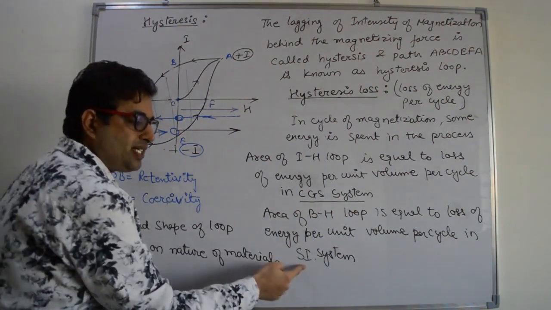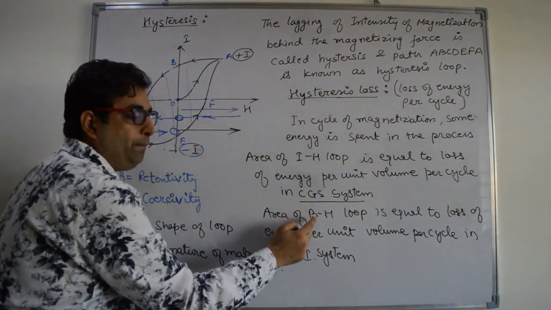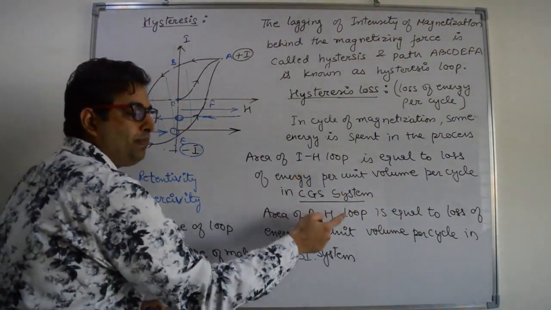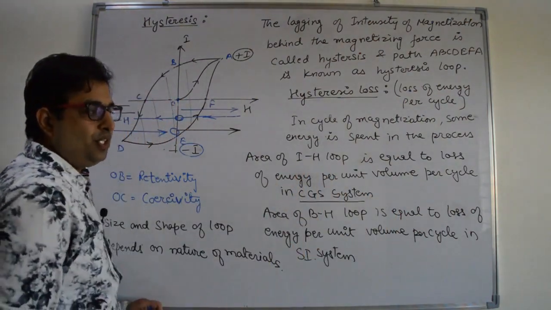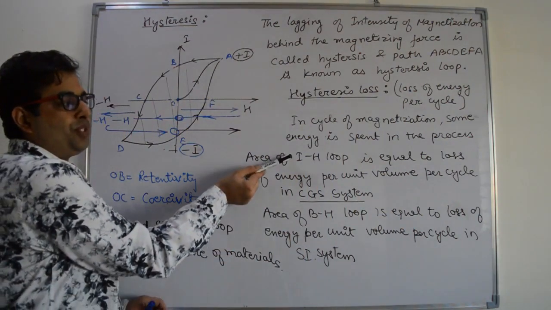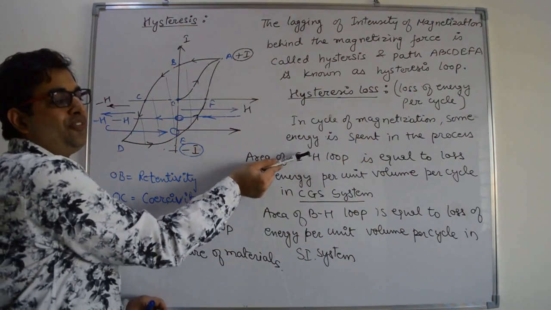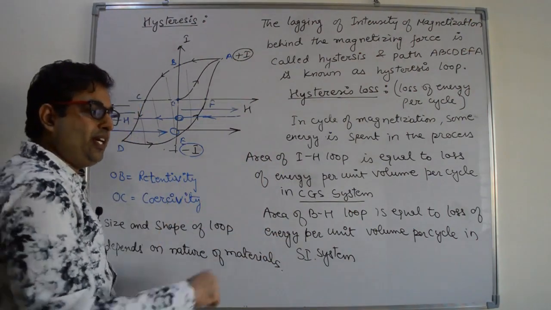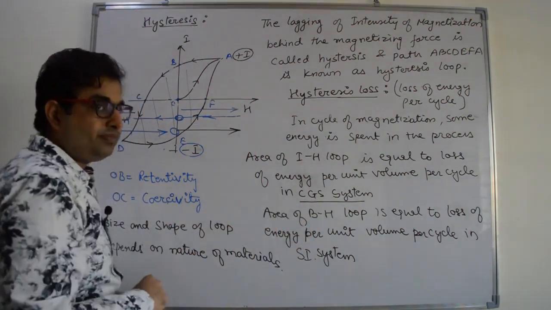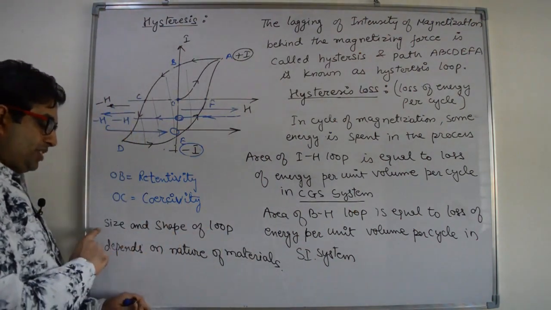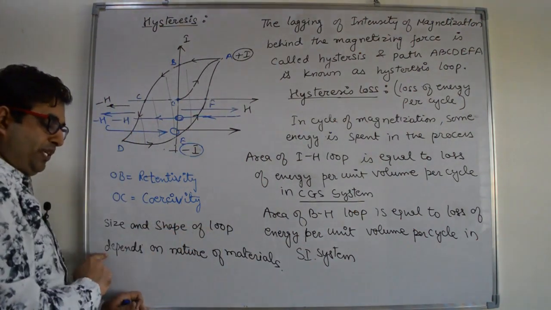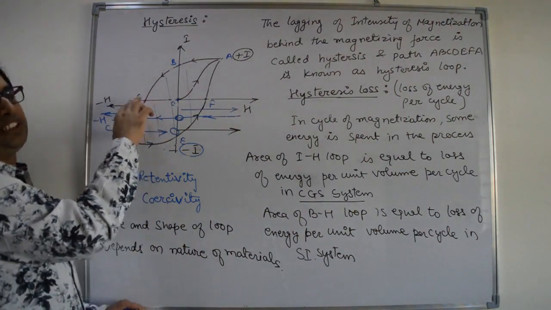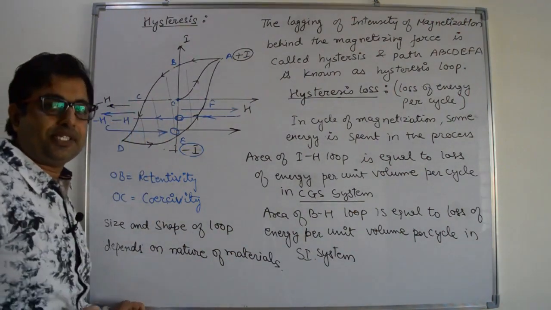In the SI system, the area of the BH graph tells us the energy loss per unit volume per cycle. So for the CGS system, we have to check the area of the IH graph. For the SI system, we have to check the area of the BH graph. Now, the size and shape of the loop depends on the nature of the material. When you change the material, the size and shape of the loop will change, right?